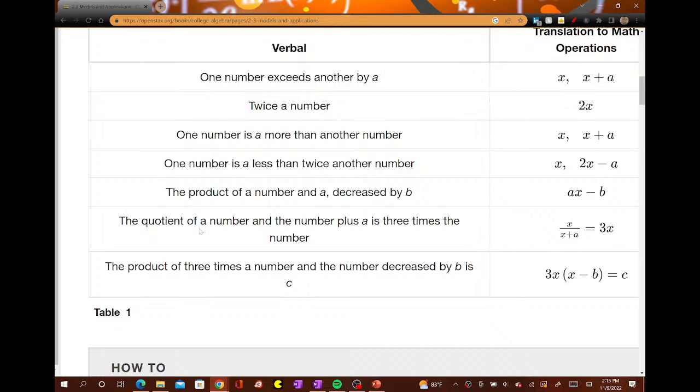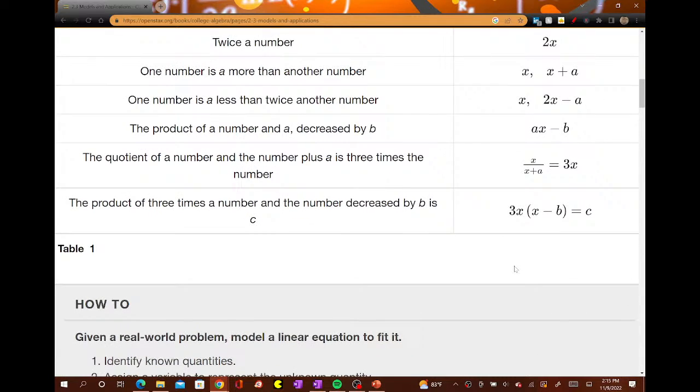And then this one says the quotient of a number and the number plus a is 3 times the number. So the quotient of a number x and the number plus a, so x over x plus a, is equal to 3 times the number, so 3x.